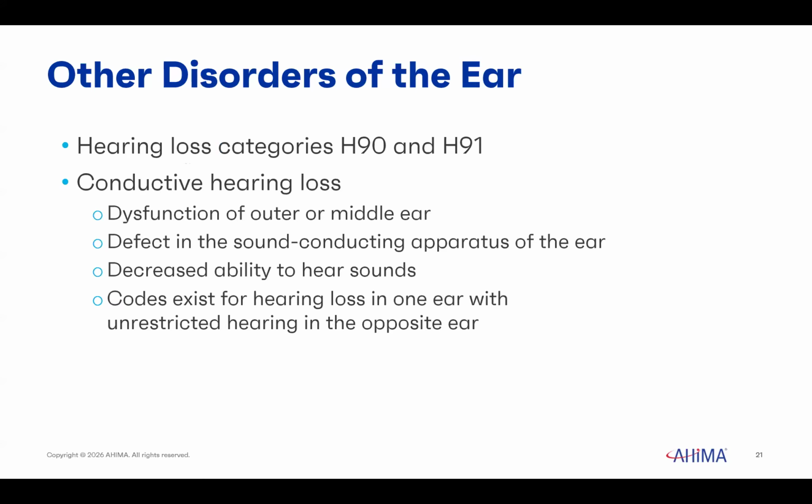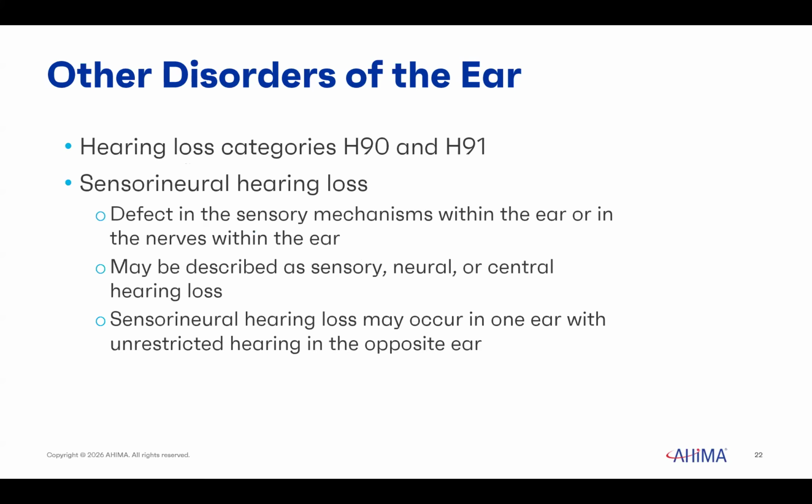Now with H90 and H91, we get into hearing loss, which can be conductive or non-conductive. Outside of the conductive, we can have sensorineural, the H90 through H91.